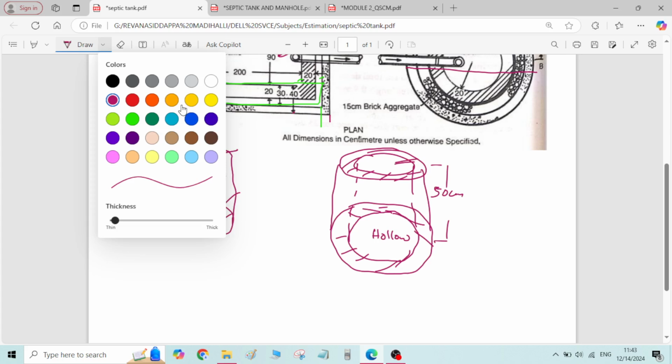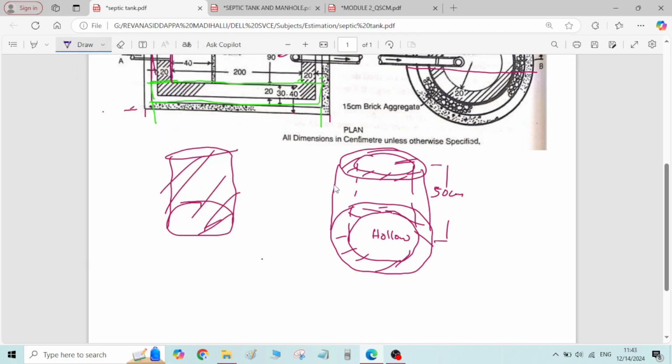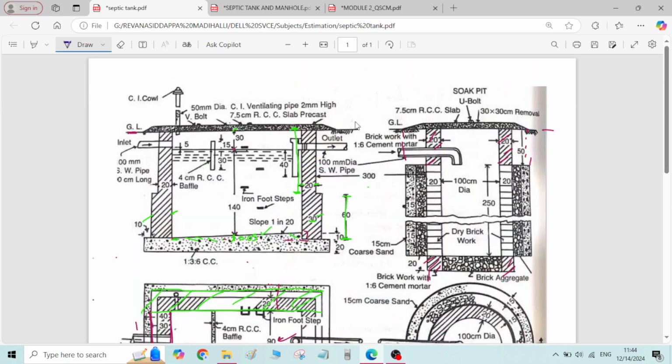Here to calculate the volume, what you can do is first calculate the average diameter. Average diameter means center to center distance between these walls.